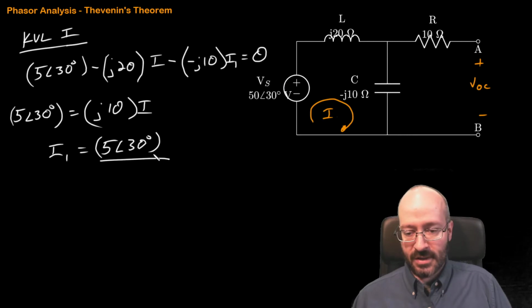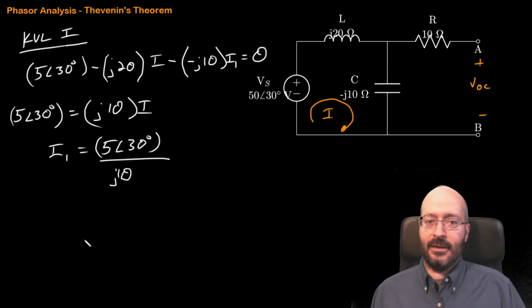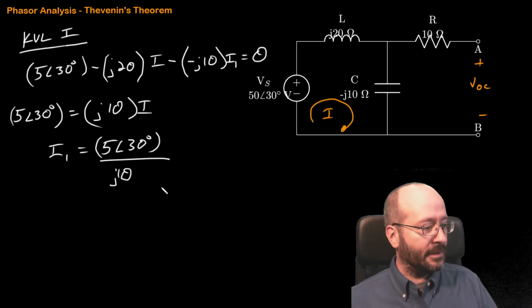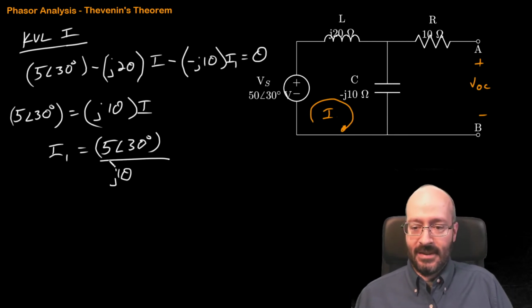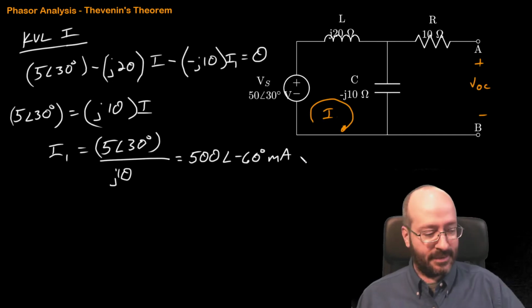And we're going to divide by J10, which is an impedance, J10. Okay. Ooh, I can do this one in my head. Study your complex numbers, folks. Let's see. This is going to be 500 at an angle of negative 60 degrees, and that's in milliamps.